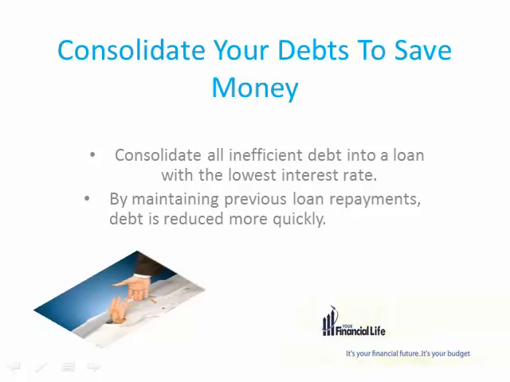A simple solution is to consolidate all of that inefficient debt into the loan structure that has the lowest interest rate. As a guide, home loans generally offer the cheapest rate. Personal loans for cars and holidays are higher rate, and credit cards are generally the most expensive, and that assumes that you haven't paid it off on a monthly basis.